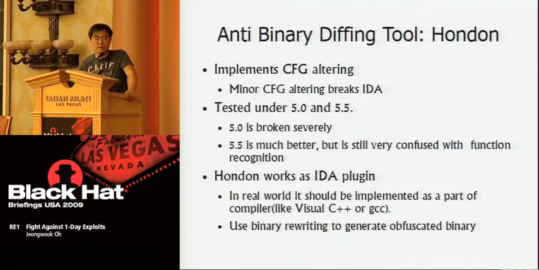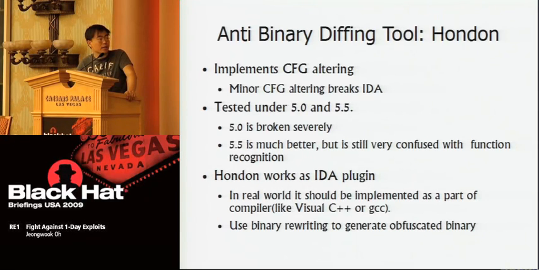recognize some functions. And it was tested under 5.0 and 5.5, and 5.0 is broken totally. And 5.5 is much better, but it's still breaking, it's still confused about some functions. And yeah, ironically, Hondon works as an IDA plugin.